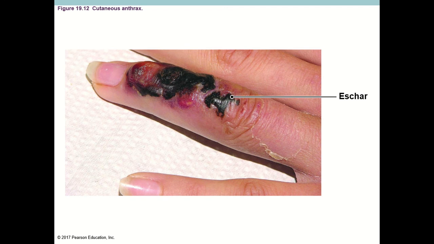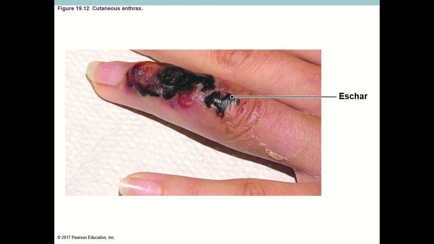And cutaneous is just one way of getting infected with this bacterium. Another way is inhalation of the endospore anthrax. If somebody does manage to inhale it, then the endospore will actually become a bacterium.